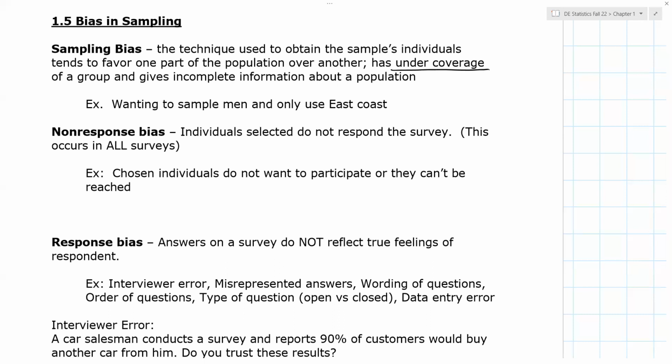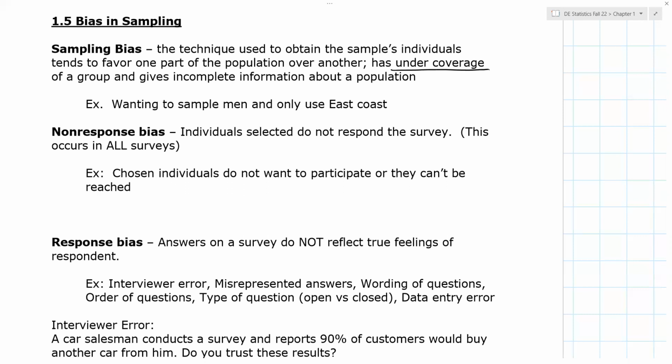So if we go back to our example of Arapahoe High School as our population, and we are trying to ask if sophomores should be allowed parking passes, so sophomores can start parking at Arapahoe High School. So we want to ask all of the people that could be affected by that. And so we create a random sample, but our random sample happens to only contain juniors and seniors.